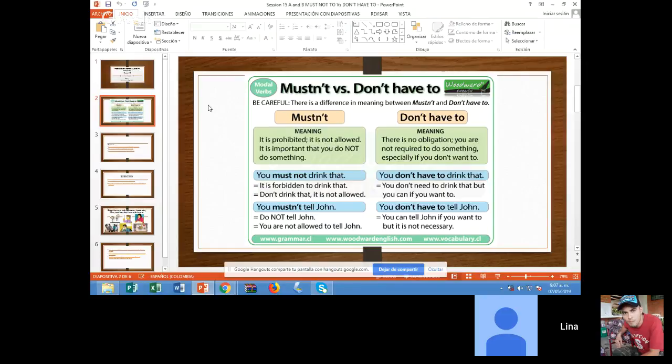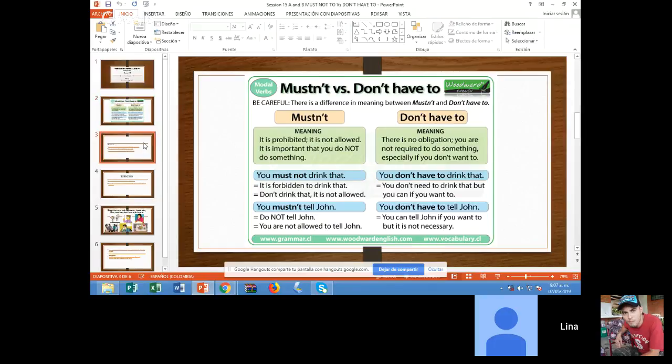So the difference is mustn't is something that is prohibited and you cannot do that. But don't have to means it's not an obligation if you do that. Okay?